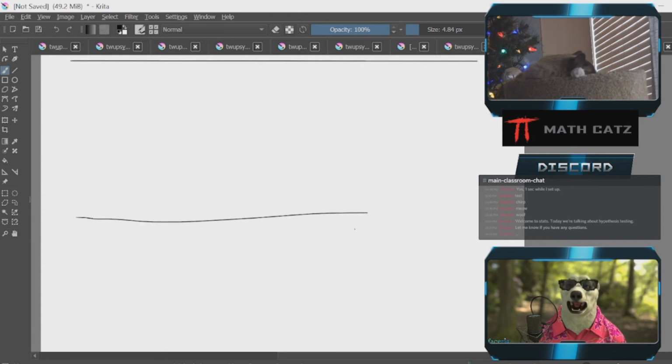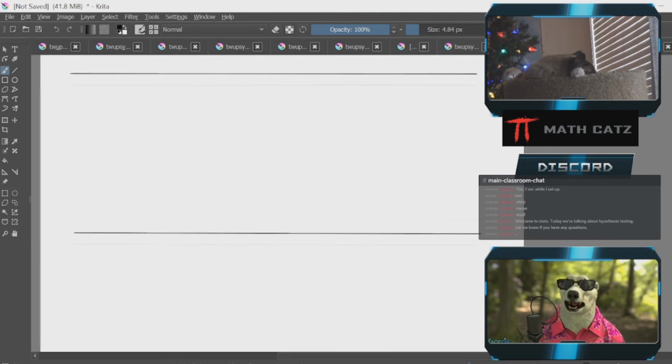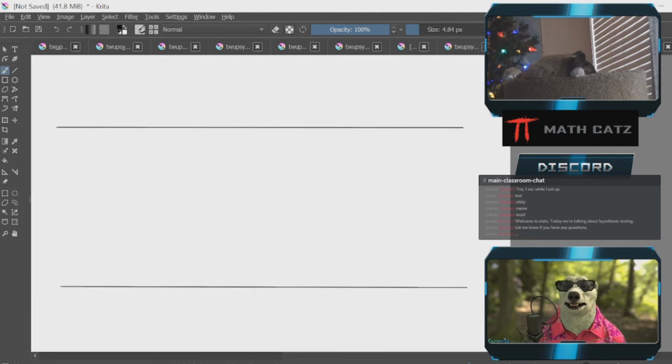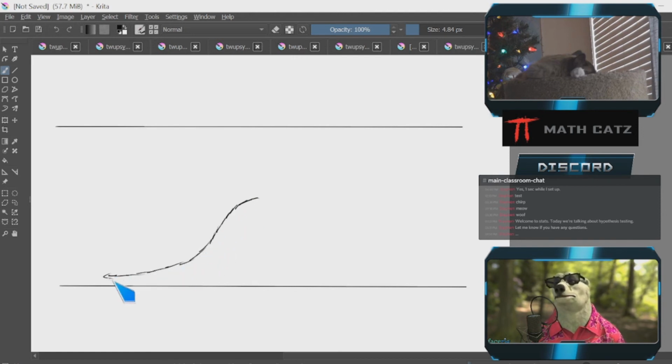I click the straight line tool, and it doesn't want to be straight. There we go. So I guess I don't have to shift it that high. We'll just position this over here. I have to do it in little bits to try and make it nice and smooth for my bell curve.